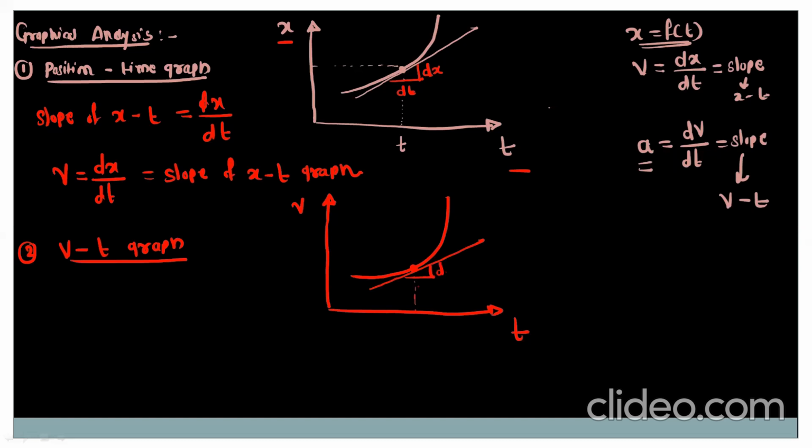So this is dv and this is the dt. So slope of the vt graph is nothing but the dv by dt, and that is nothing but the acceleration. So acceleration from the vt graph, we have to just find out the slope of the vt graph.